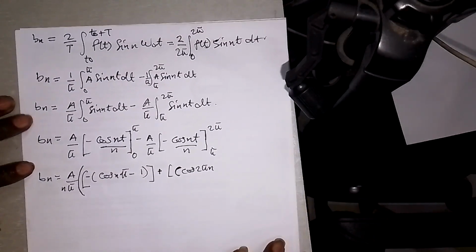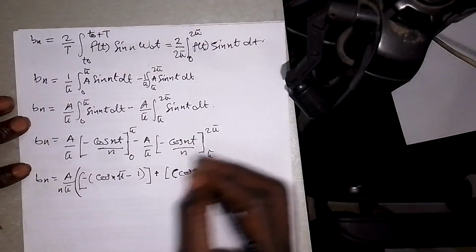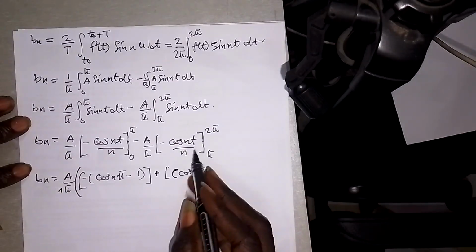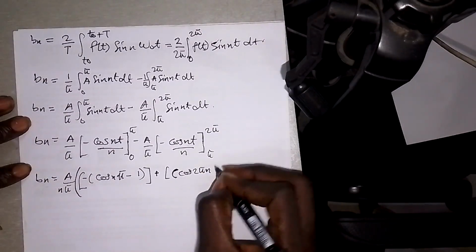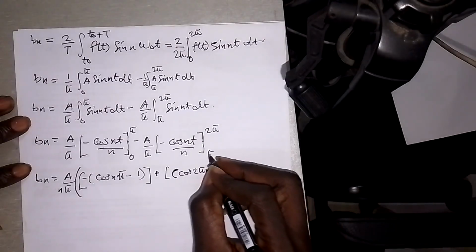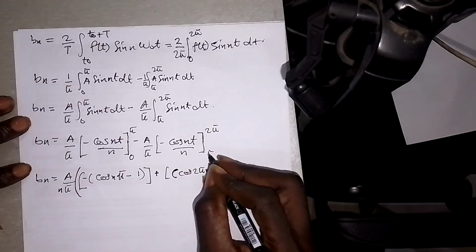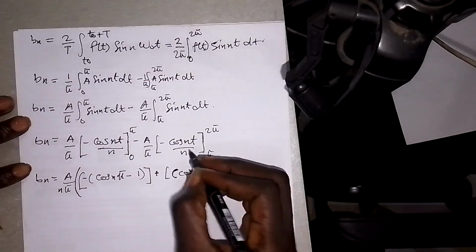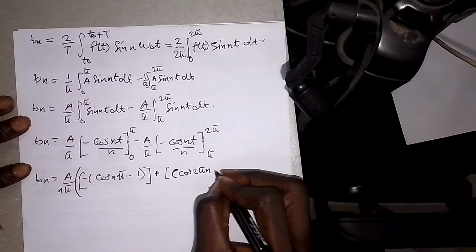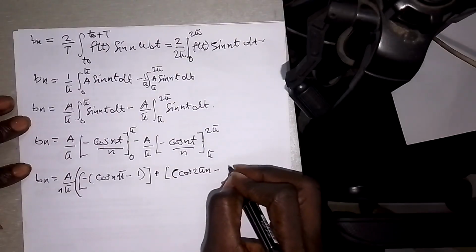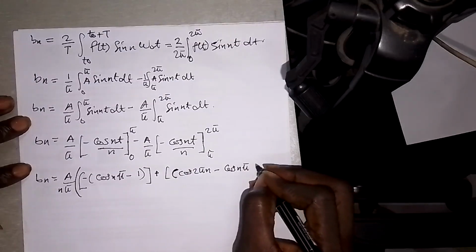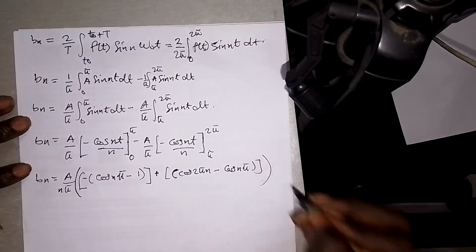So here cos 2 pi n, and then minus this one, minus cos n pi. Okay, cos n pi.